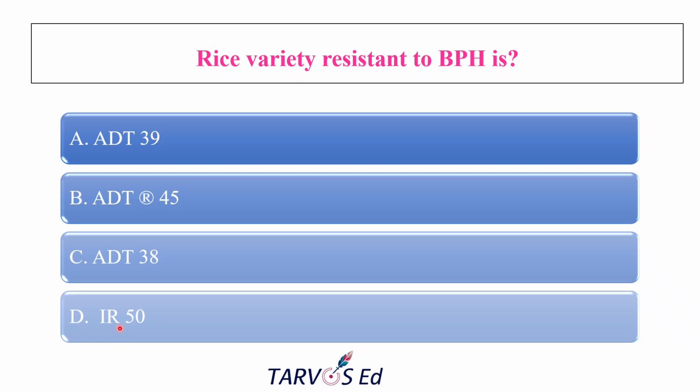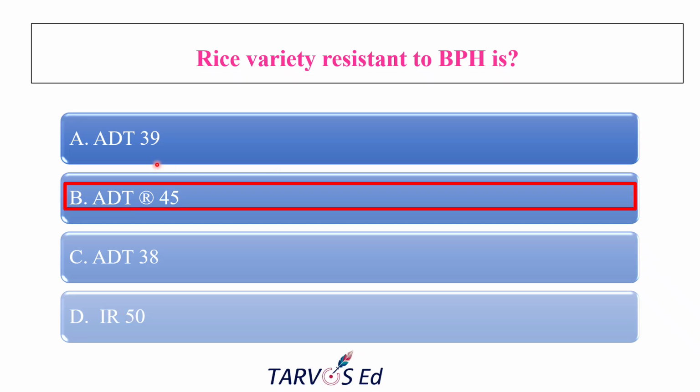Those varieties usually start with IR. The correct answer is ADT 45, which is resistant to BPH. This ADT 45 is a rice variety released by Aduthurai combined with TNAU.